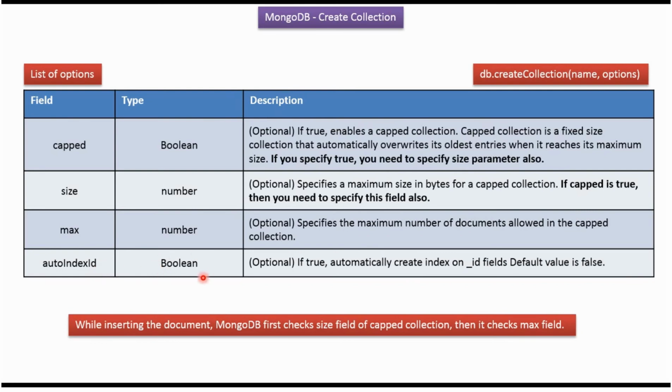The type is boolean, and if it is true, it automatically creates an index on the underscore ID field, and by default this field value is false. And while inserting the document, MongoDB first checks the size field of the capped collection, then it checks the max field of the capped collection.